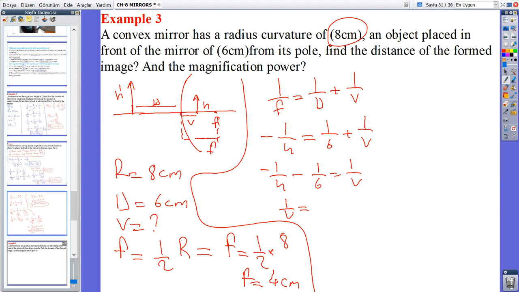So negative 3 minus 2 over 12 equals 1 over v, which is negative 5 over 12.